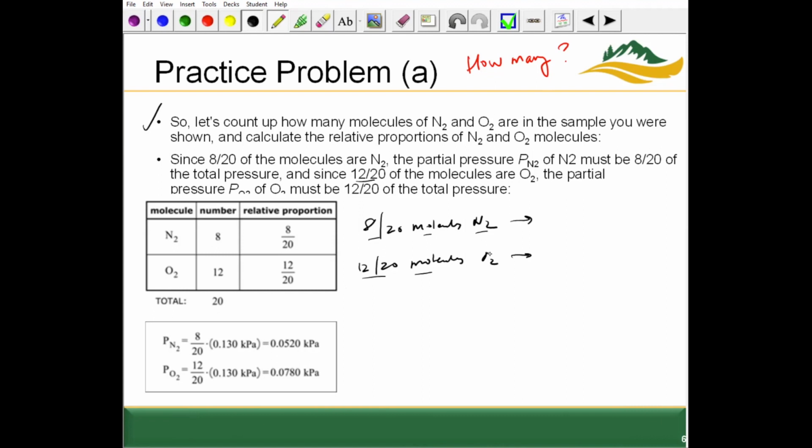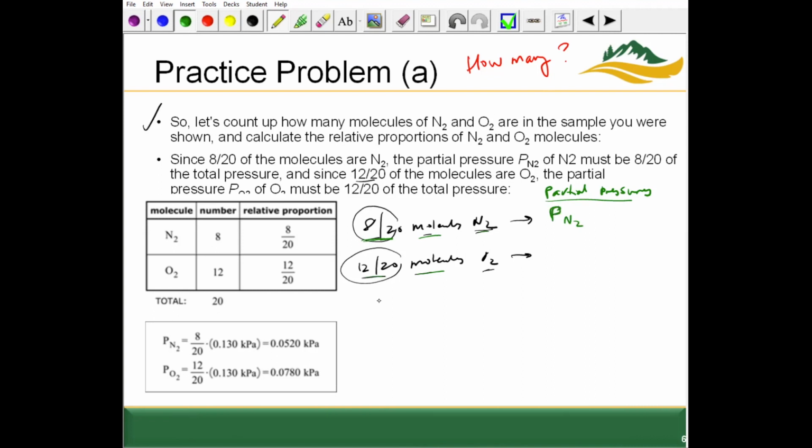It doesn't matter the identity, right? It's just the fact that 8 of 20 are N2 and 12 of 20 are O2. Now we connect this number of molecules to pressure, more specifically to our partial pressures, because the 8 of the 20 N2 molecules will have some partial pressure that we denote as the pressure of N2.